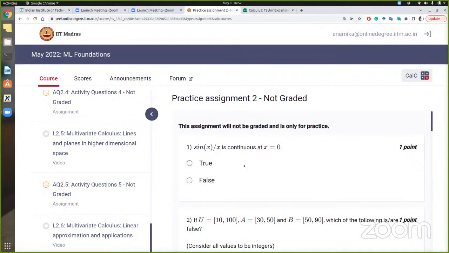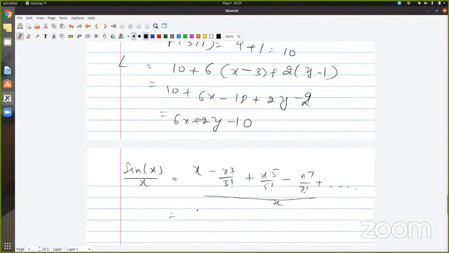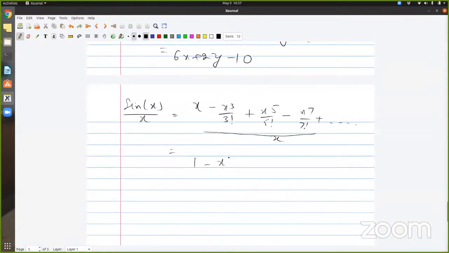But if you want to compute the left hand limit and right hand limit also, we can do that. In that case, you can expand sin x. The expansion of sin x would be x minus x cubed by 3 factorial plus x to the 5 by 5 factorial minus and so on. When you divide it by x, you get 1 minus x squared by 3 factorial plus x to the 4 by 5 factorial minus x to the 6 by 7 factorial.